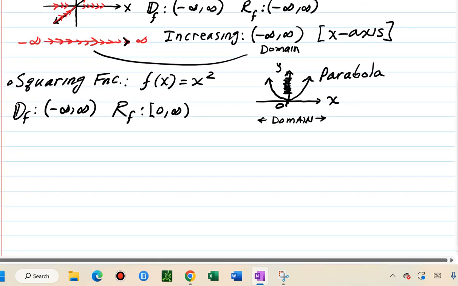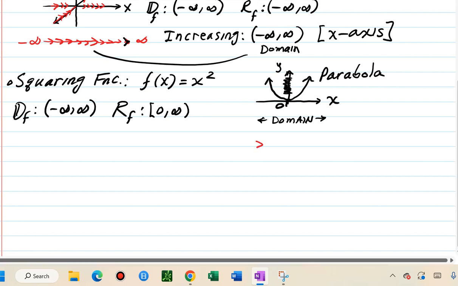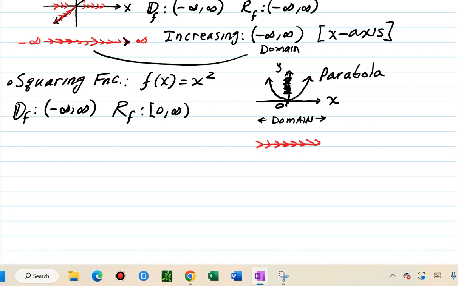Increasing, decreasing: remember, to determine increasing or decreasing, we go from left to right along the x-axis, right? And as we go, follow my red pen. As I go from left to right, you see how this function is decreasing, decreasing up to 0.